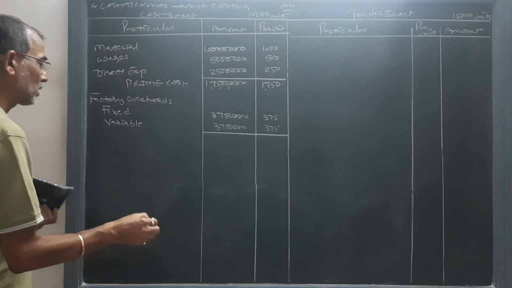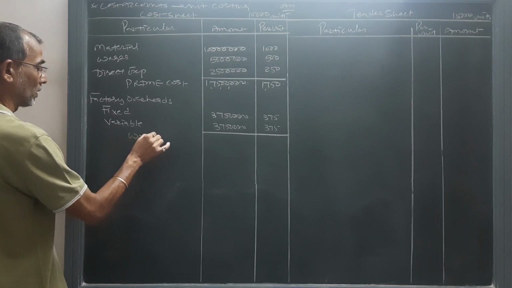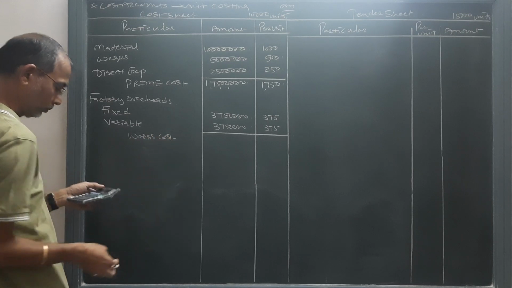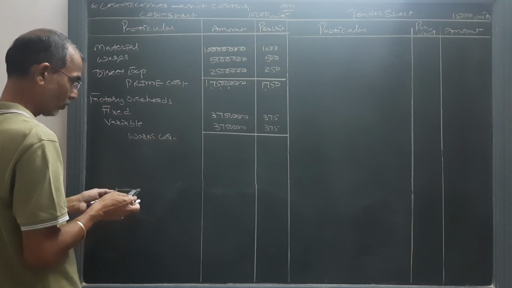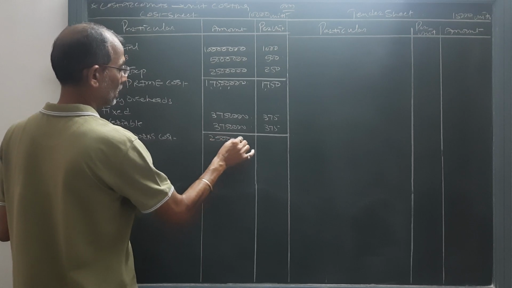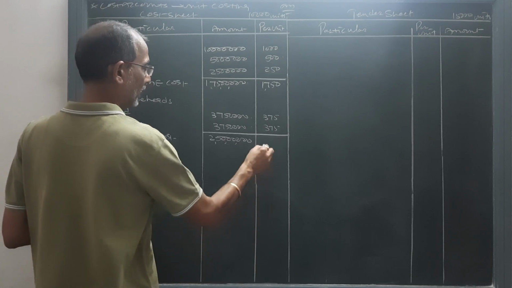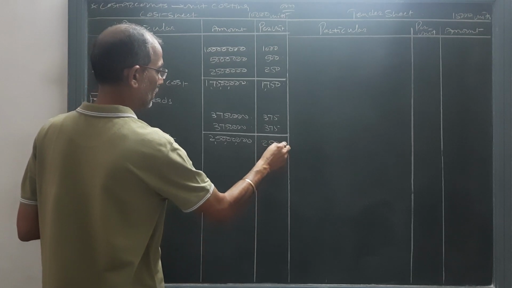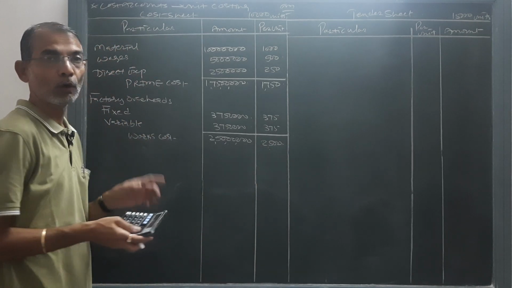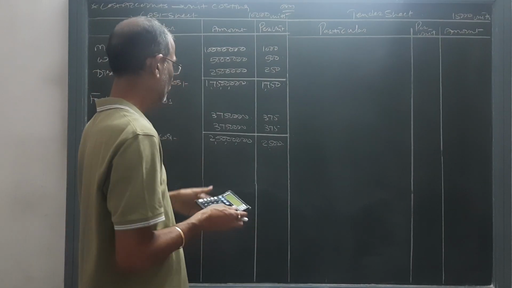This will give us works cost. That will be 2 crore 50 lakh, and this will be 2,500. 2,500 will be per unit cost.